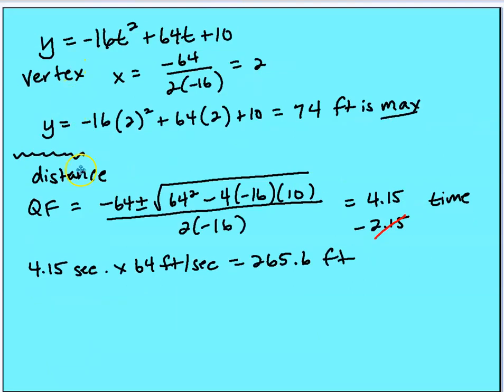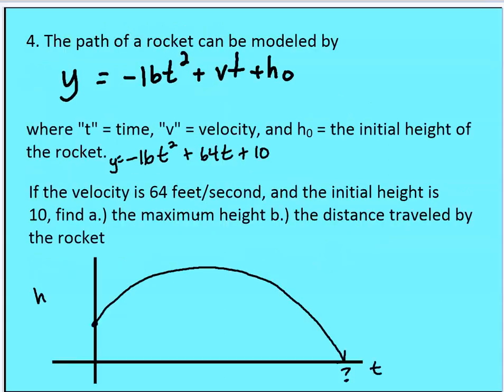So I want to use the quadratic formula to solve this function for y is equal to 0. And I end up with two solutions. Here's my work. Are two values, 4.15 and negative 2.15. And again, this value is extraneous, so 4.15 is going to be the time that the ball is in the air. Now, this brings us to the second graph, because this is really a time graph.